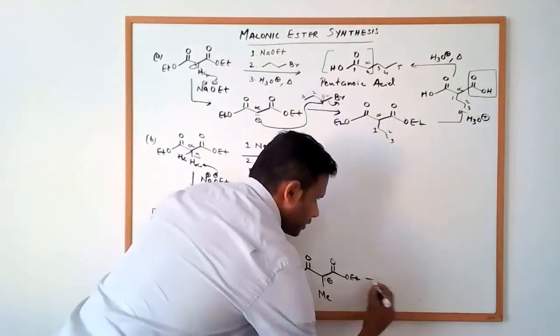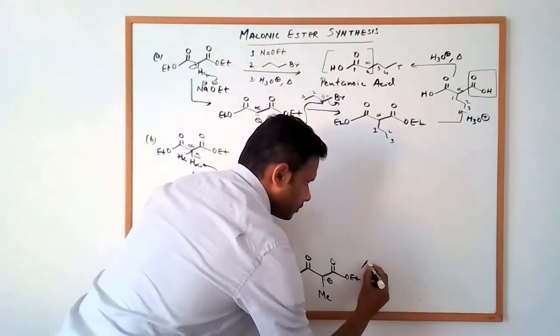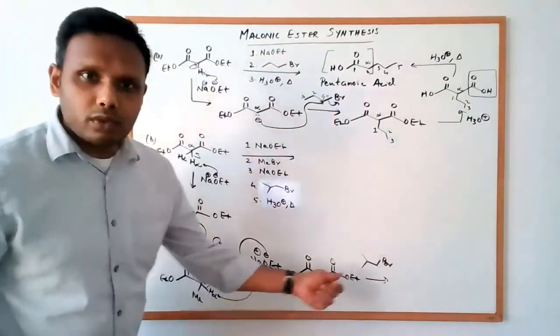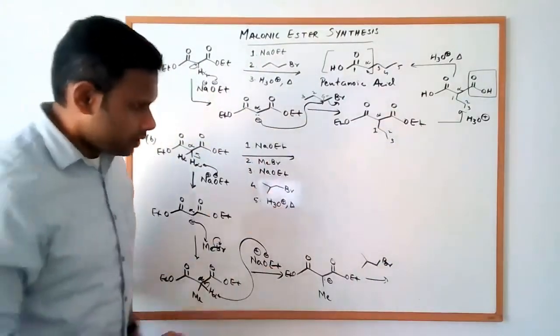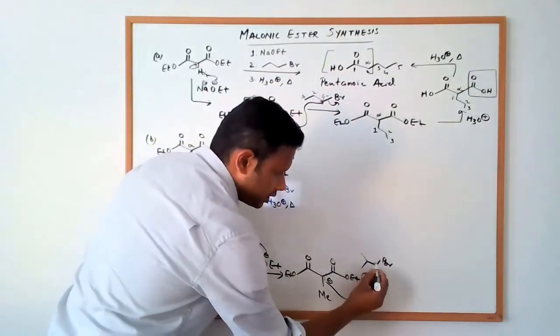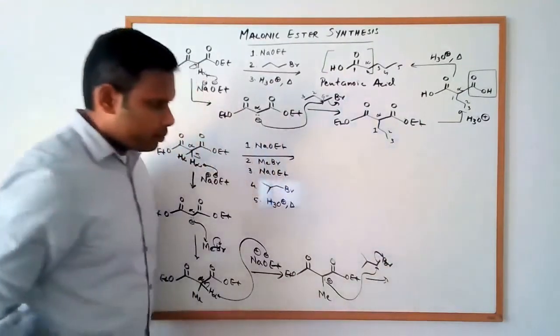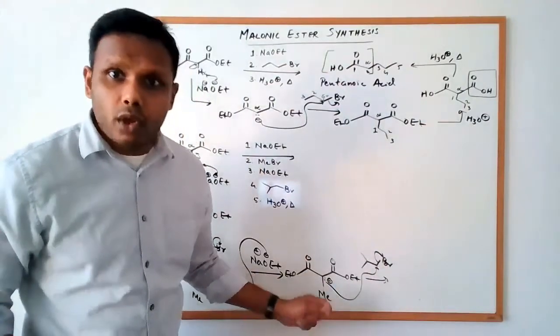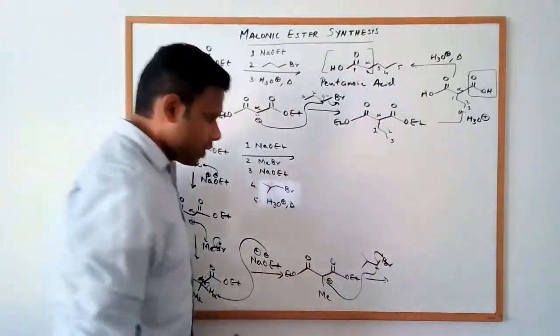And now we are reacting this with isobutyl bromide. Okay, that's the other one. So the nucleophile goes and attacks the carbon here. The bromine gets kicked out. So we are adding an isobutyl group also to that alpha carbon.